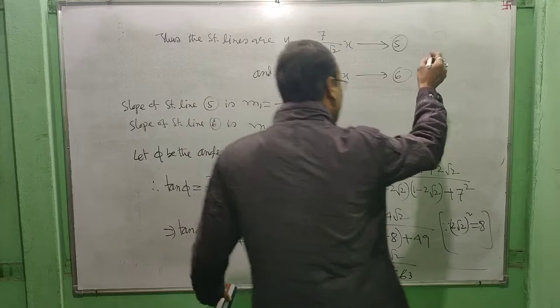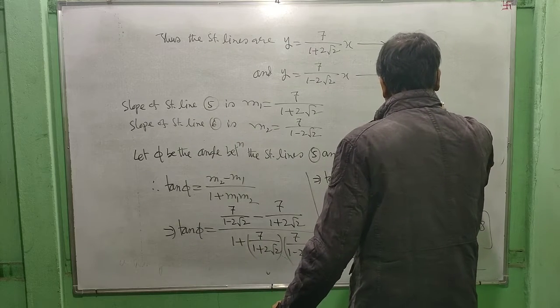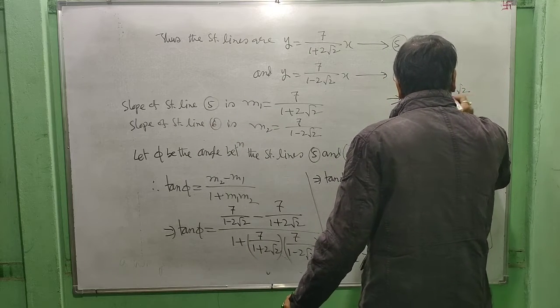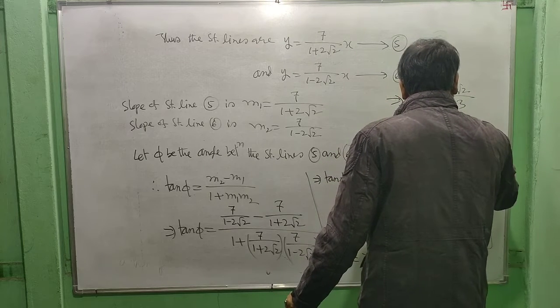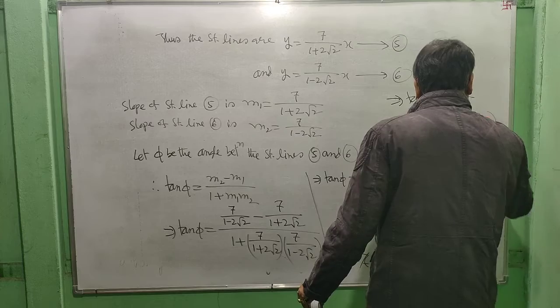This means tan phi equal to 2 root 2 divided by 3. This means phi equal to tan inverse 2 root 2 divided by 3.